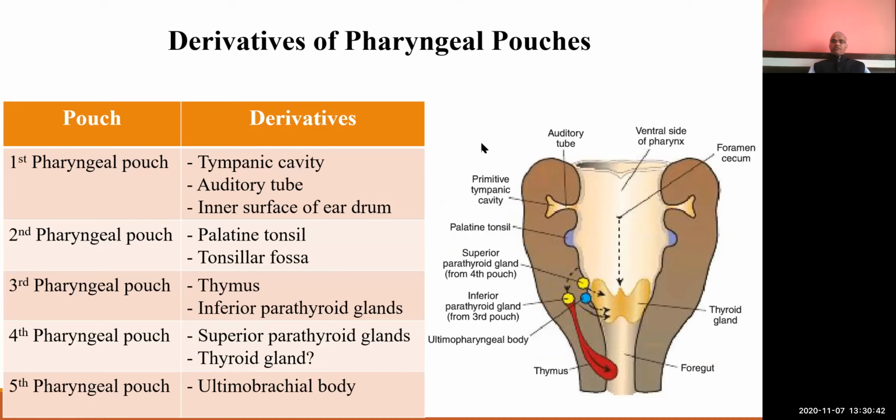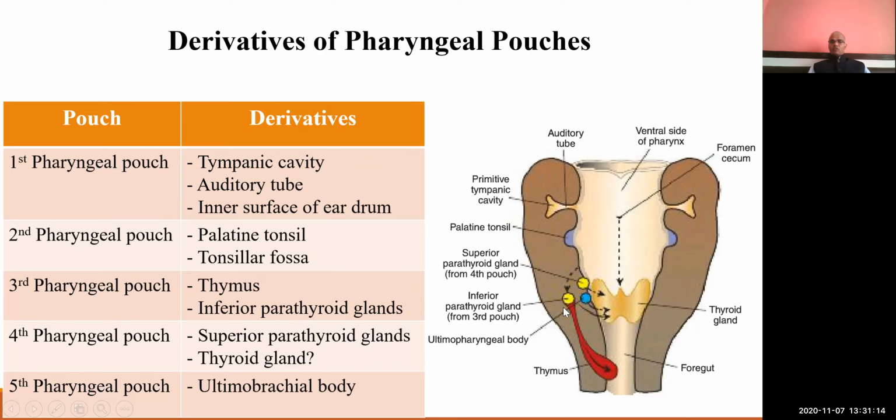Then, derivatives of the pharyngeal pouches. The first pharyngeal pouch gives the primitive tympanic cavity, auditory tube, and the inner surface of the eardrum. The second pharyngeal pouch gives the palatine tonsils and tonsillar fossa.